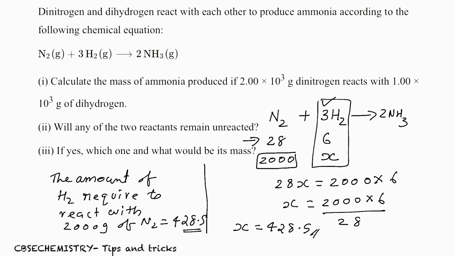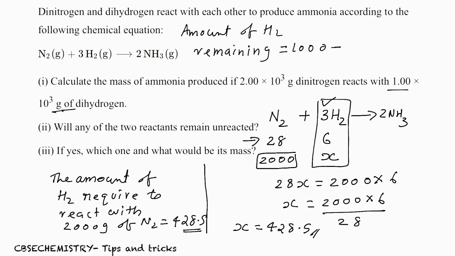We have to find how much hydrogen is remaining. So, the amount of H2 remaining. For the reaction, how much hydrogen did we take initially? It is 1000. Now, we already found how much hydrogen undergoes reaction with 2000 gram of nitrogen.